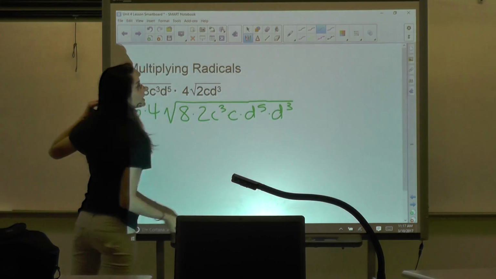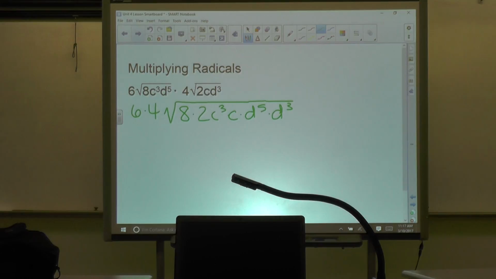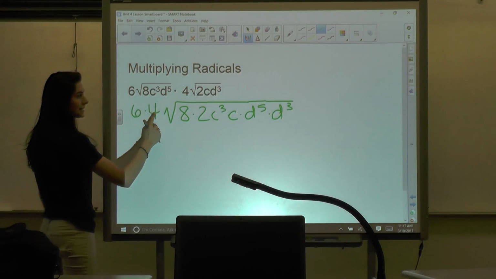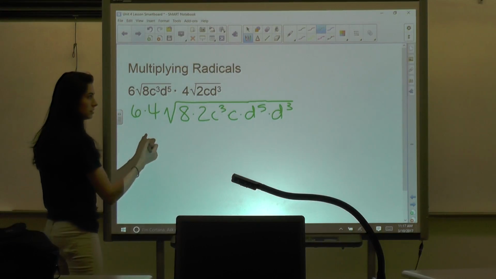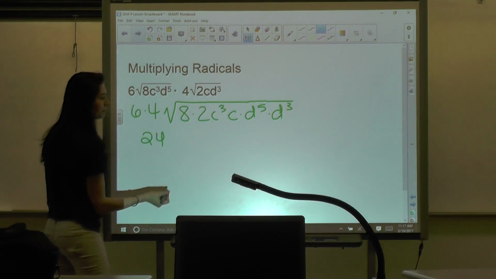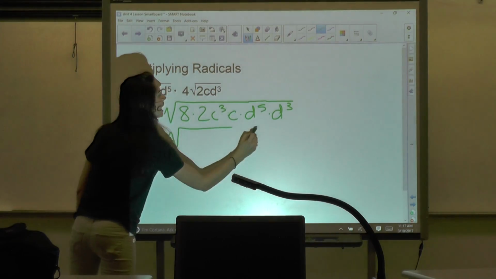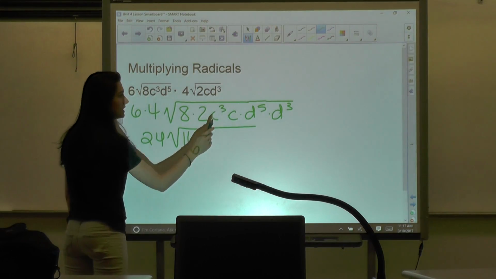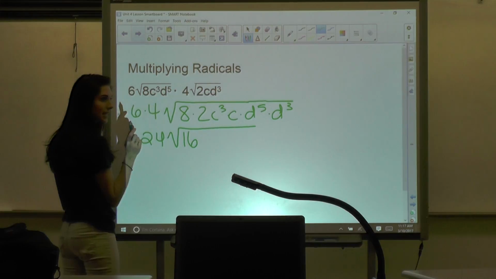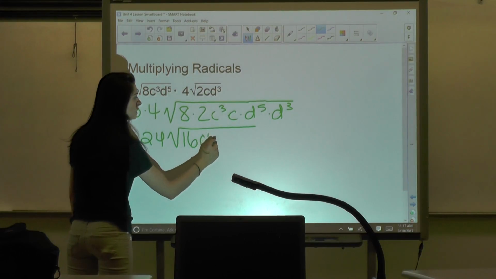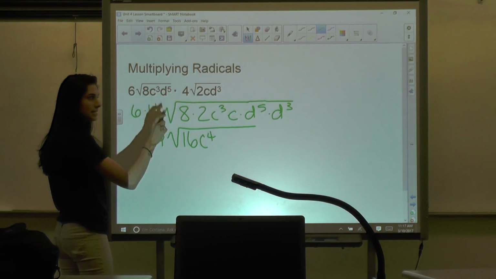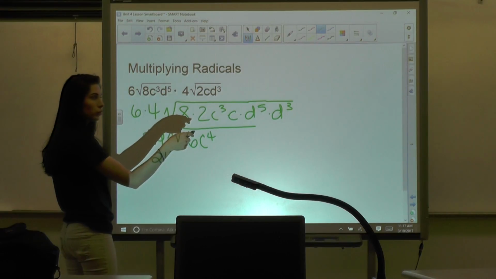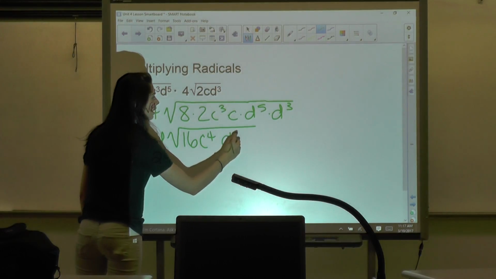All I did was put the inside with the inside, the outside with the outside. 6 times 4 is 24. Simplify your inside. What is 8 times 2? 16. C cubed times c is c to the power 4. D to the power 5 times d cubed is d to the power 8.